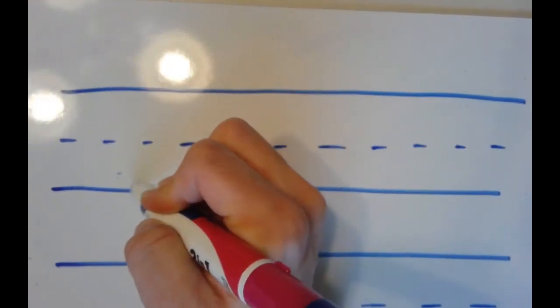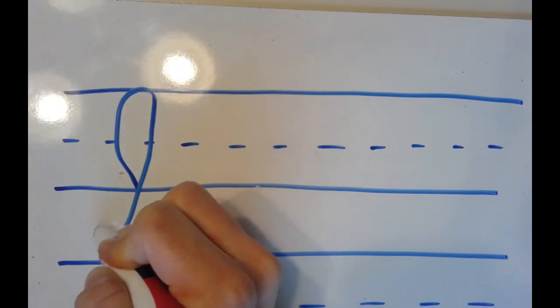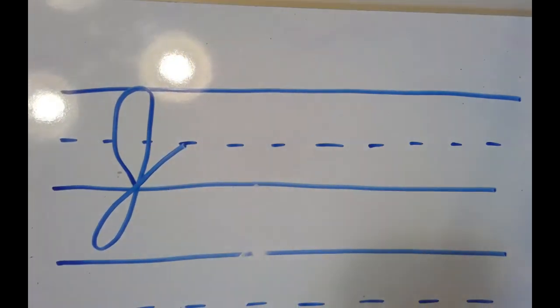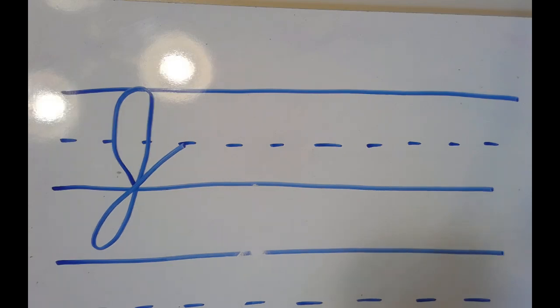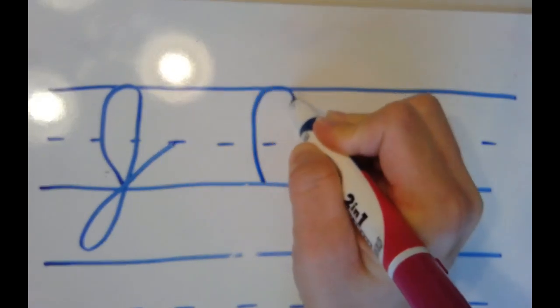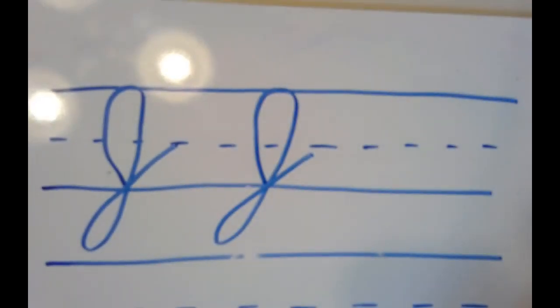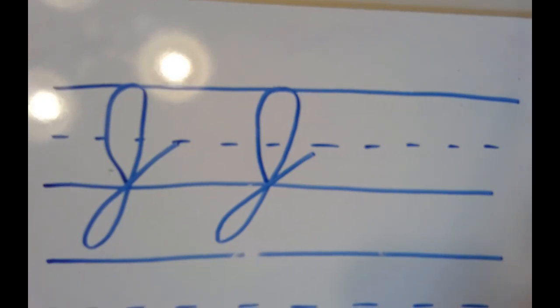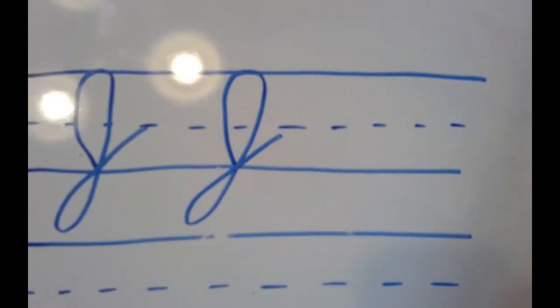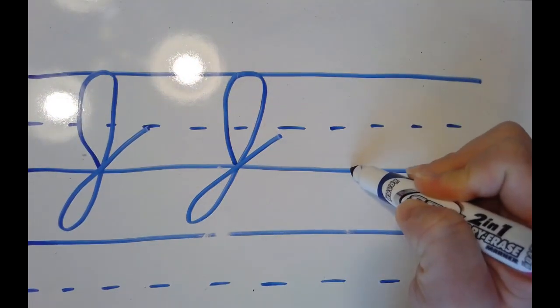Okay. And I'm going to come up and around, and I'm going to come down and around and make a loop like that. Capital cursive J. Start at the bottom, come up and around to make a loop, down and around to make another loop. Okay. Let's do one more. Okay. Start at the bottom.